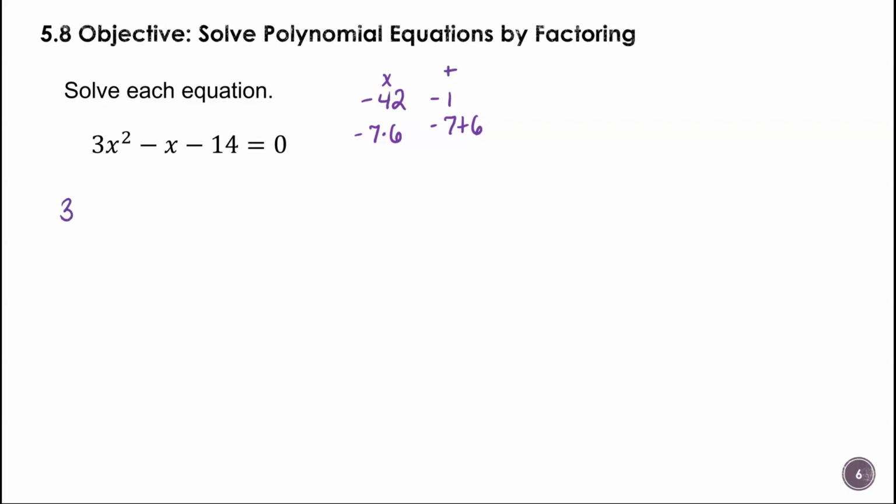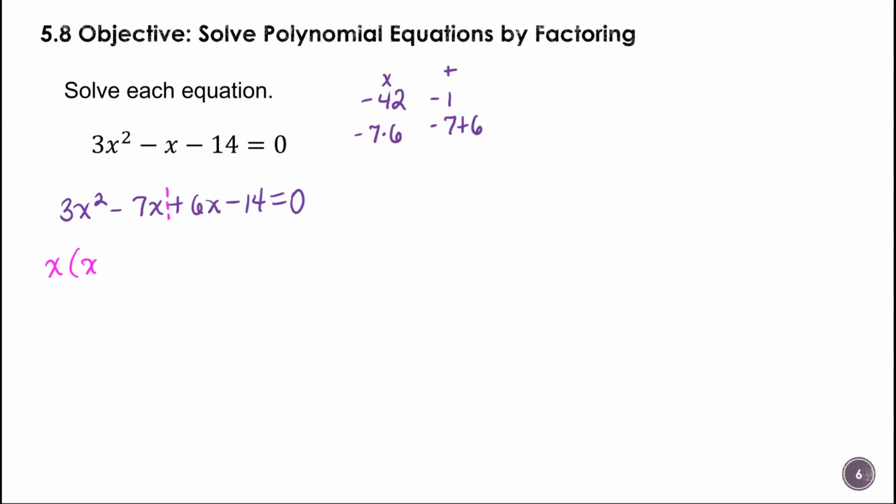Now I replace my middle term with negative 7x and 6x. And then this is where I group and factor. So I'm going to split this into the two pairs, and then take out my common factor in each one. The first one, 3x squared minus 7x, has a common factor of x.